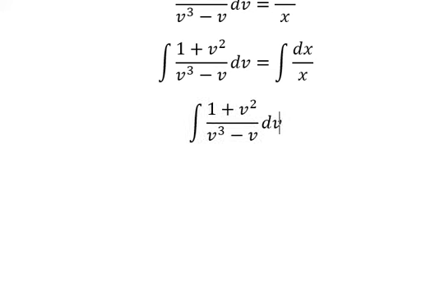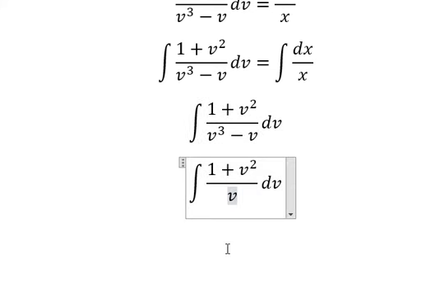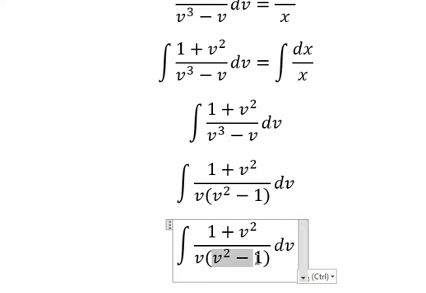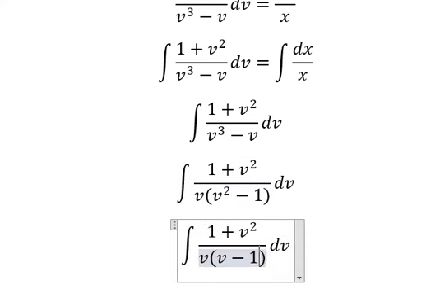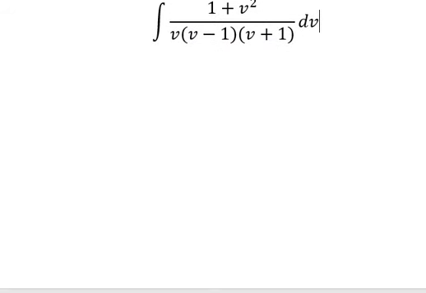So, this one we can do about factorization. This one that is about identities. Next, we can use partial fractions.